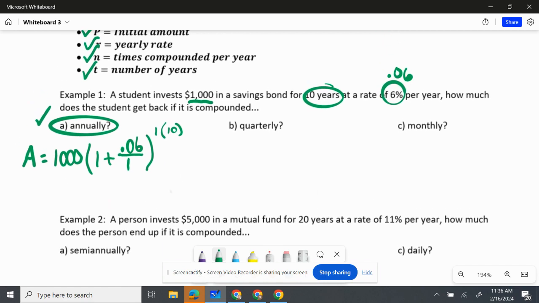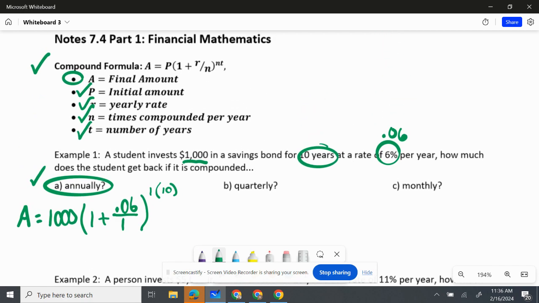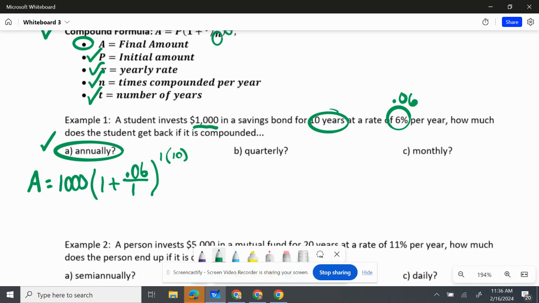Now, looking at the formula, notice, and this is where a lot of students struggle, that the n is the variable that's used twice. We plug it into our calculator, and that gives us $1,790.85. You always round to the nearest penny.